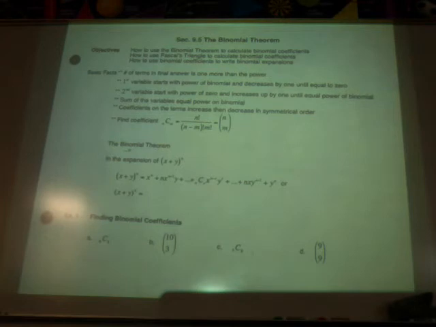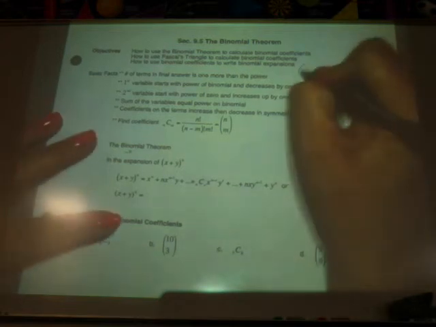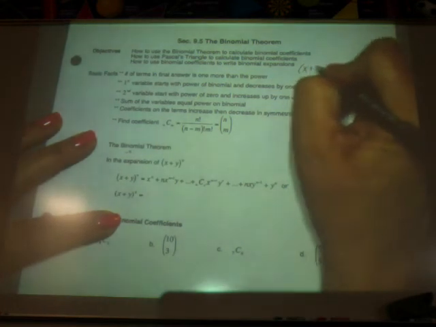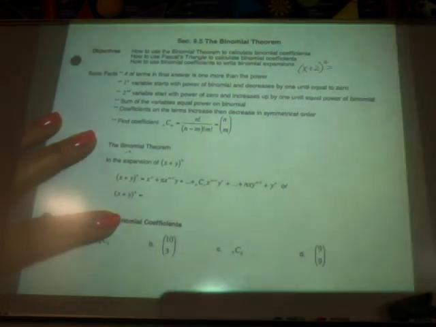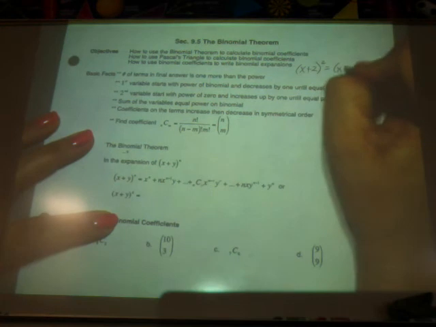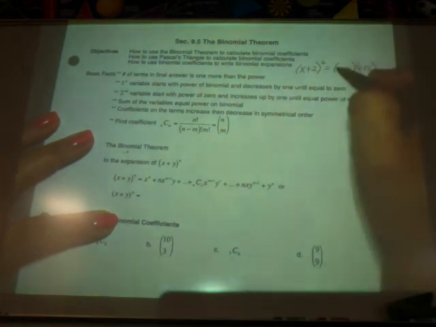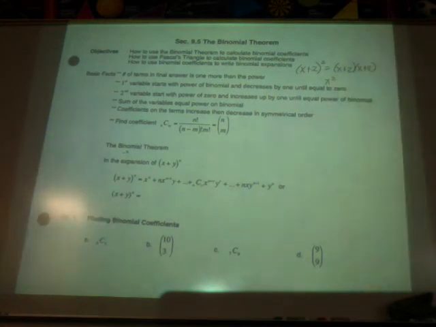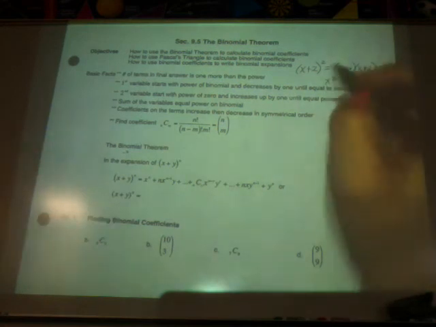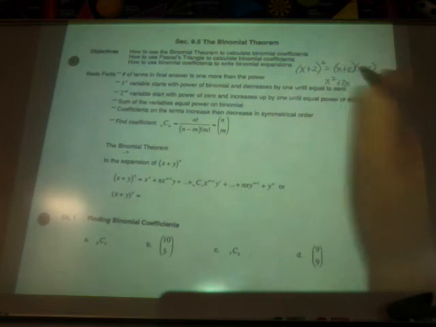Right? Well, just to prove to you, so if I had x plus 2 squared, isn't that x plus 2 times x plus 2? And if I distribute, x times x is x squared. X times 2 is 2x. 2 times x is 2x, and 2 times 2 is 4.